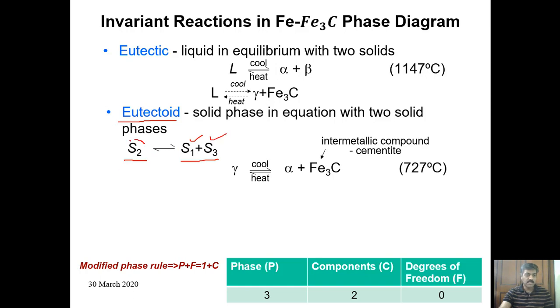So let us consider S2 is one solid, and that will be converted into a mixture of two solids. So again the idea is basically similar. Let us consider some solid is here, that is S2, and ultimately that will be converted into a combination of two solids, S1 and S3, like this. Okay, so this is the idea.